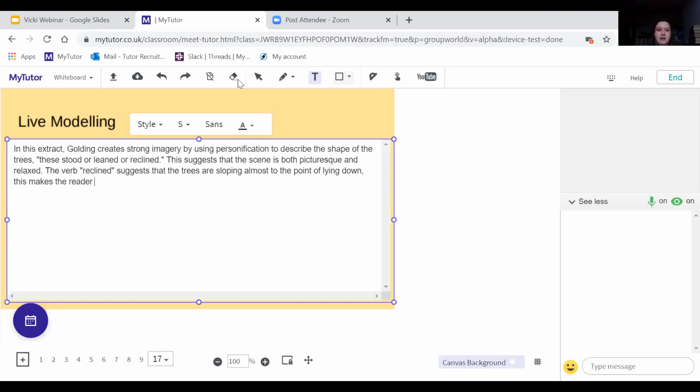So this makes the reader feel that the atmosphere is pleasant, which creates a sense of laziness as the scene is, what can we say? Which creates a sense of laziness as the scene is not interrupted.